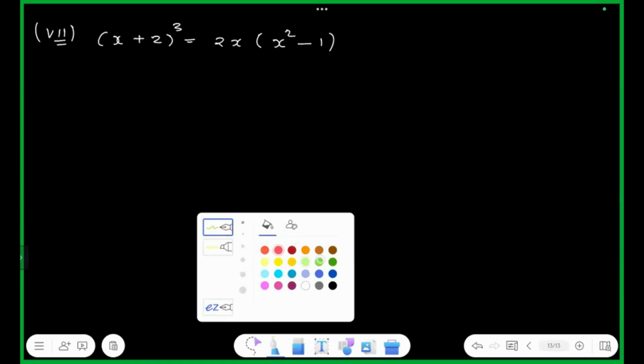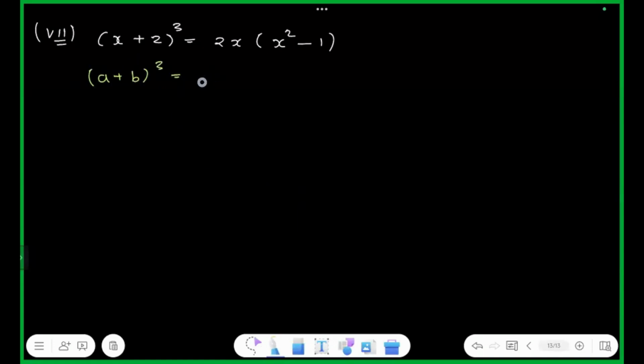The identity is a plus b whole cube is equal to a cube plus b cube plus 3ab, a plus b. Now here a is x and b is 2.